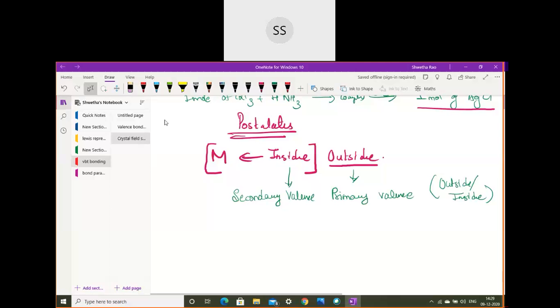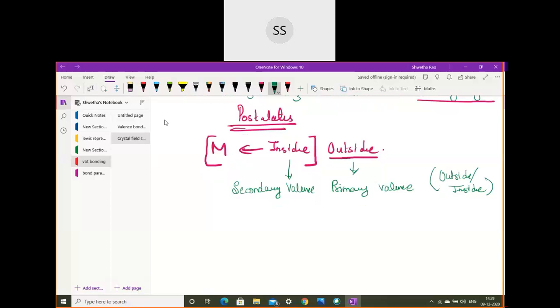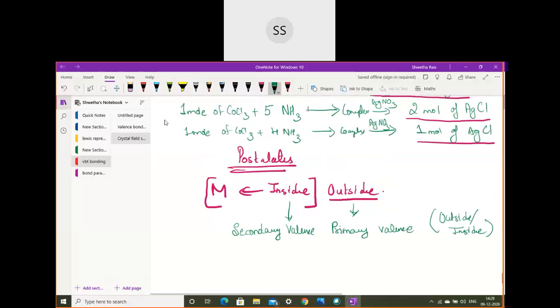So he found two kinds: those directly attached to the metal, and those outside the complex. The outside ones, though not always outside, are most of the time, and are named primary valences. The inside ones, directly linked with the metal, are secondary valences.